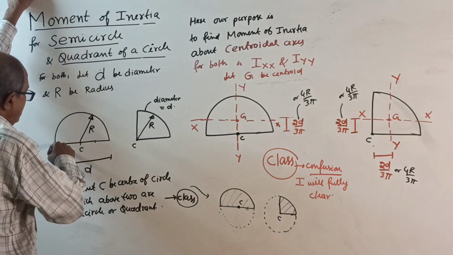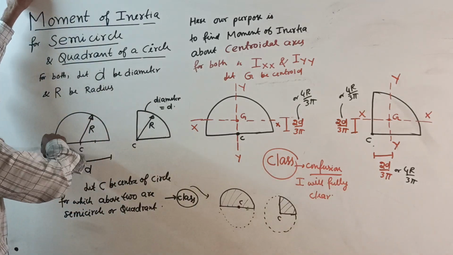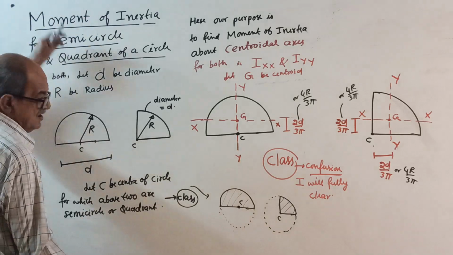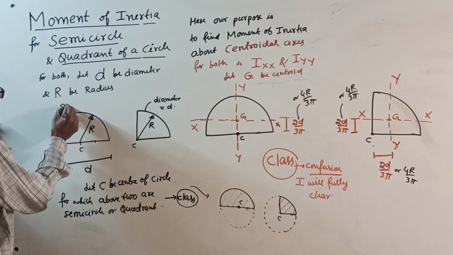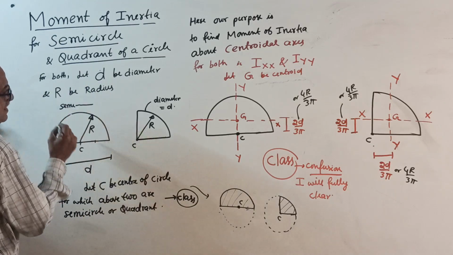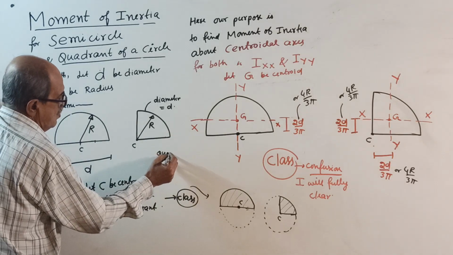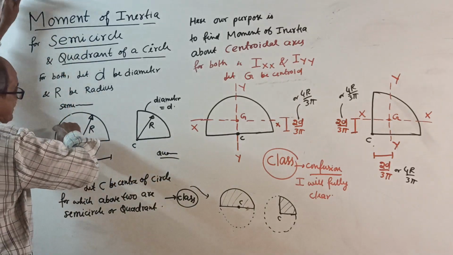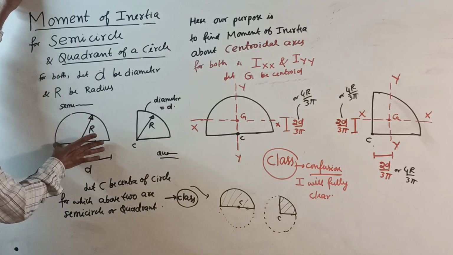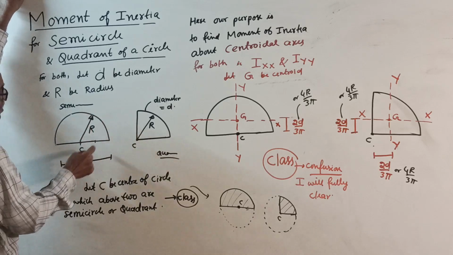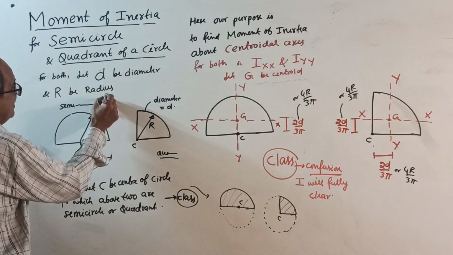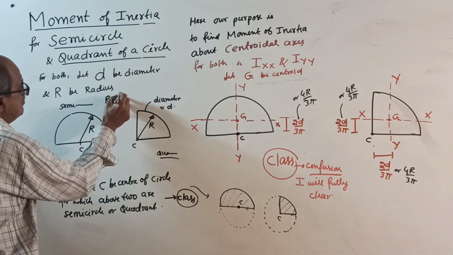Here is the semicircle, and here the quadrant of a circle. If it is a semicircle, this is the diameter and this is the radius r. Undoubtedly, here r equals d by 2.